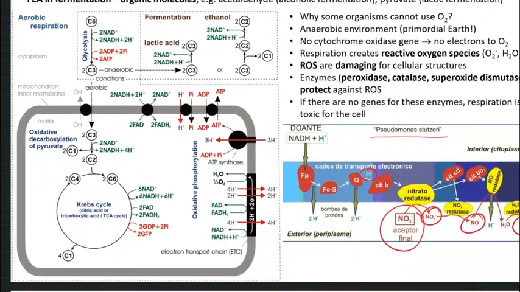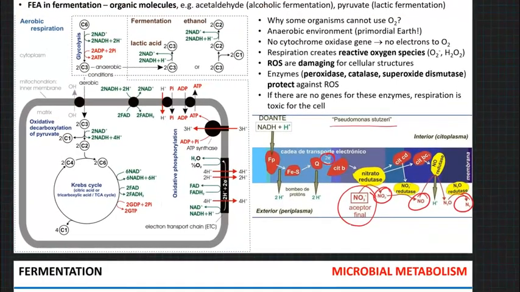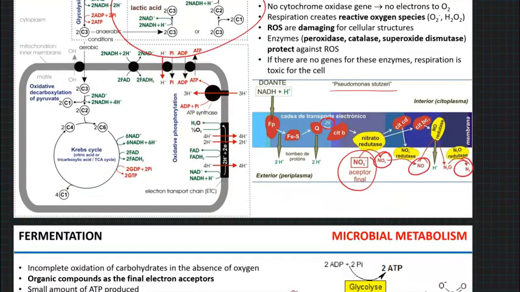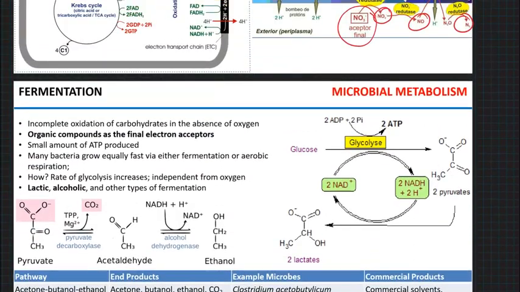So what's going to happen? There's no oxygen. We still have to unload. So if there is no oxygen, cells, if they can, will switch to fermentation. The 2 types of fermentation that I want you to know are lactic fermentation and alcoholic fermentation.